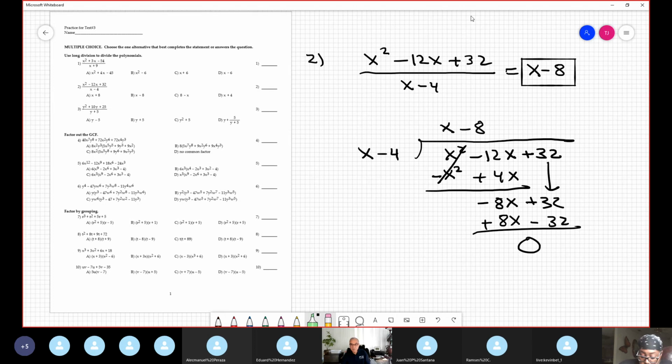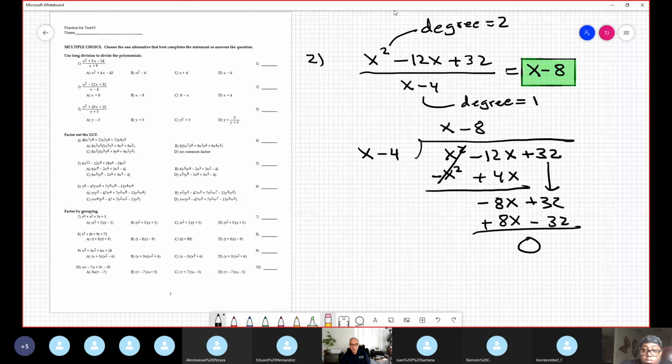In this case, it's easy because the degree on the top is 2 and the degree of the bottom is 1. In another subject, pre-calculus, we study another way to do this, which is synthetic division.